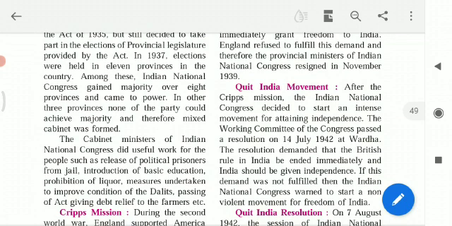The resolution demanded the end of British rule and granting independence to India. It also warned the British government of a non-violent struggle for India's independence. So, children, here you have come to know about the Quit India movement.